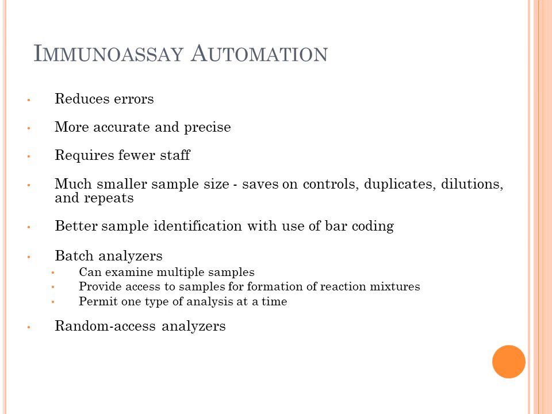Random access analyzers are an improvement over batch analyzers because you can program the instrument to run these 5 tests on specimen 1, 2 tests on specimen 2, 10 tests on specimen 3, etc. And it will finish up a specimen at a time rather than waiting to finish up a specific test type at a time.